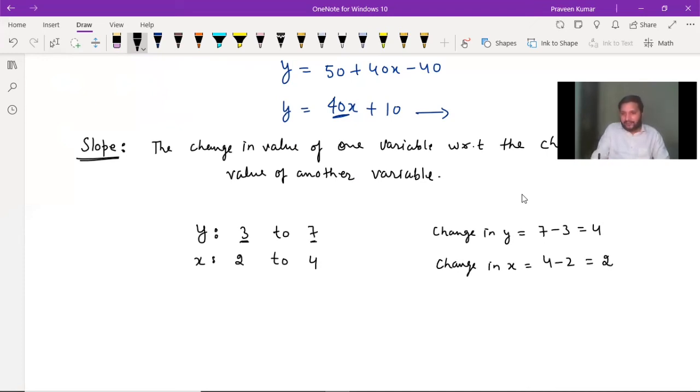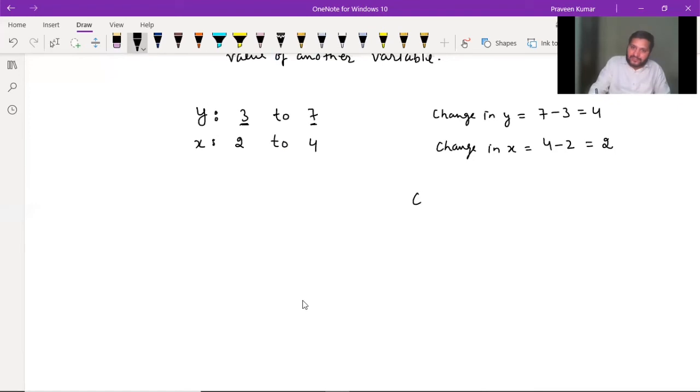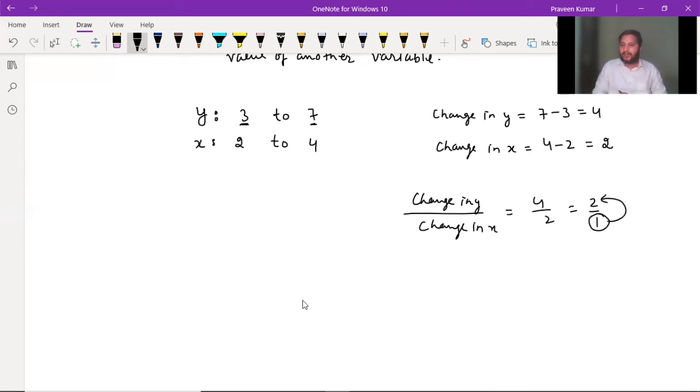So the change in y upon change in x will be 4 by 2, which is 2 by 1. Means for every unit change in x, the y value will change by 2. Means y changes twice as fast as compared to x.